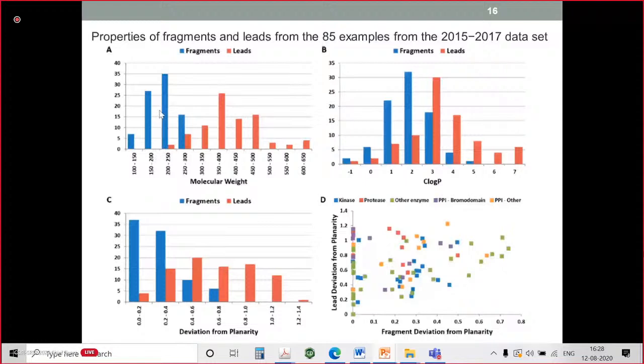While the lead molecule, which is almost close to a drug molecule, has a molecular weight equal to or less than 500. There are some examples with molecular weight higher than 500 also, but most lead molecules have a molecular weight near around 400.